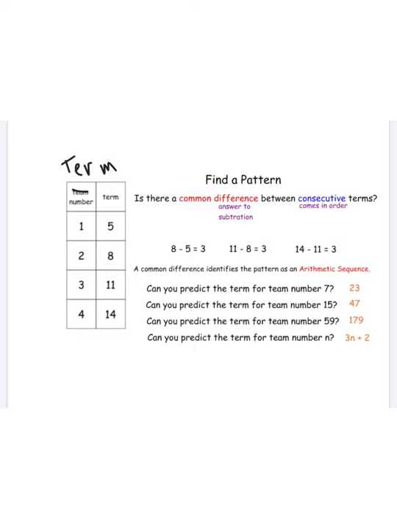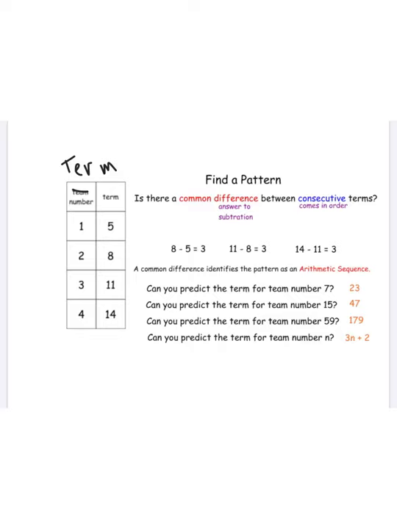So first of all, we want to look for, is there a common difference between consecutive terms? Common difference is an answer to a subtraction problem, and consecutive just means terms that are one after the other, like term number 1, then term number 2, number 3, etc. So if we look at each one of the terms, there should be a common difference of 3 in between, because if I look at 14 and 11, the difference between those is 3.